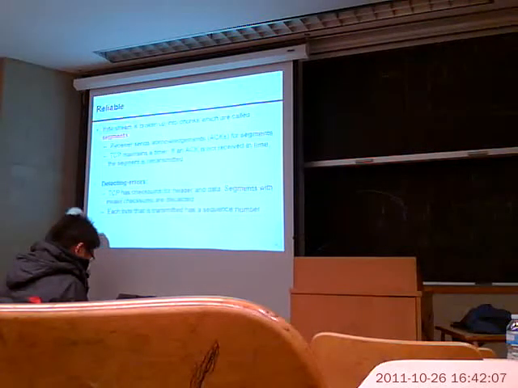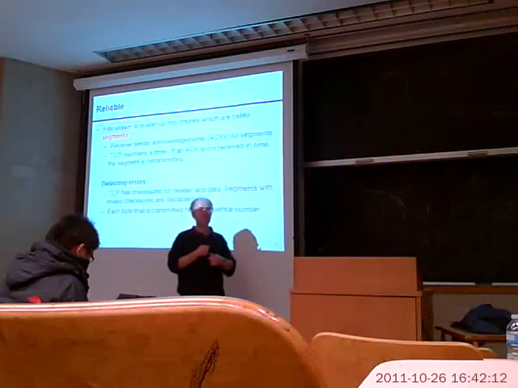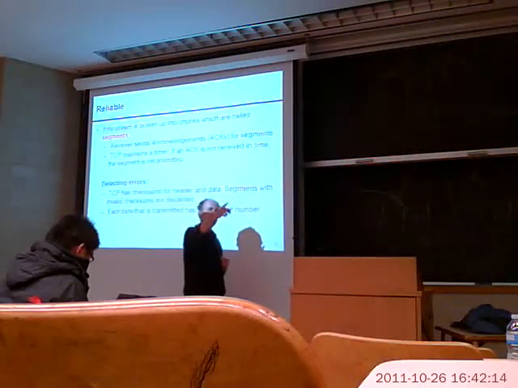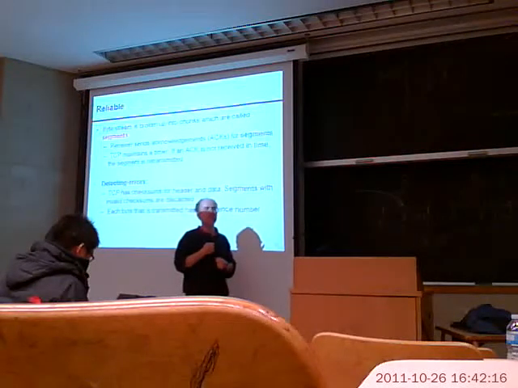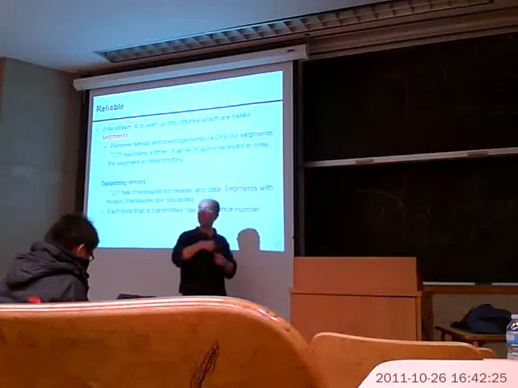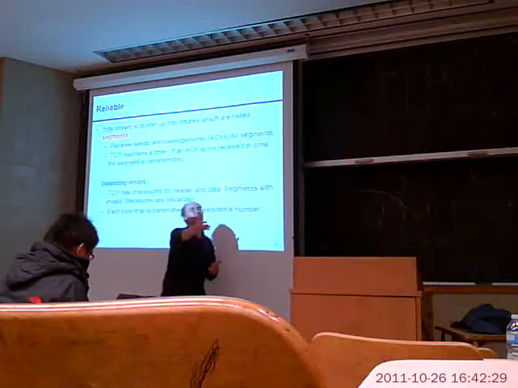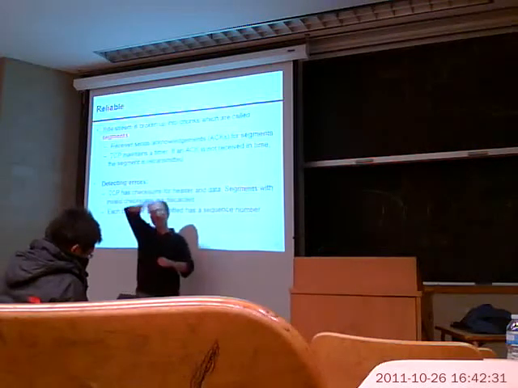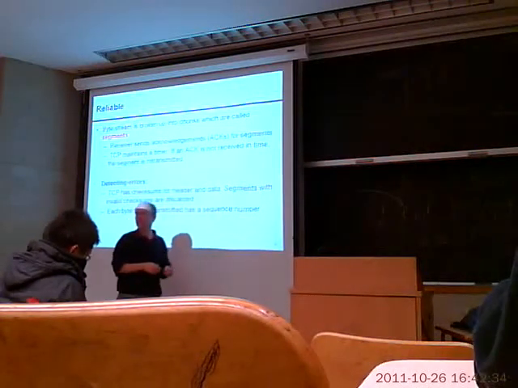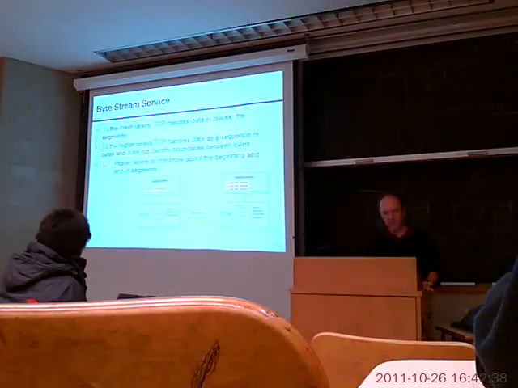If you acknowledge to me the bytes from 0 to 100, and then the bytes from 200 to 300, but you never acknowledge 100 to 200, TCP at one point thinks that segment has been lost and retransmits it. The other way is, I send 0 to 100 and you never acknowledge. Then my timer kicks off and I retransmit. So that's roughly how this goes. At this level, it's fine. We're going into more detail later.